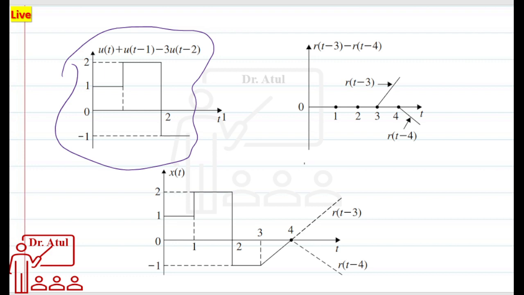Now at 3 we need to have one ramp signal instead of this straight line, so we have to change it. We have to add one triangular signal, r of t minus 3, at 4. Okay, and then this representation will be completed.